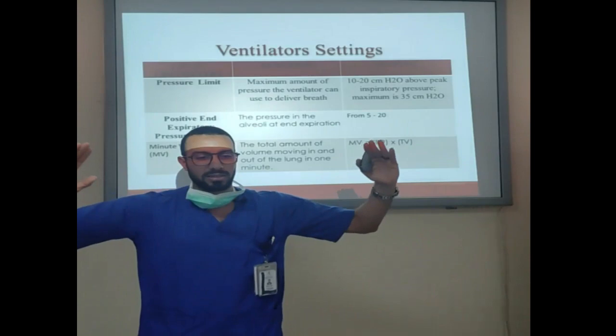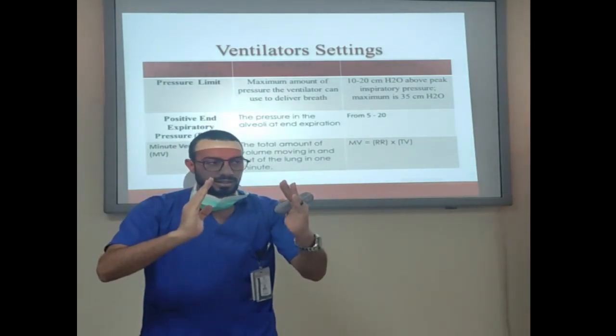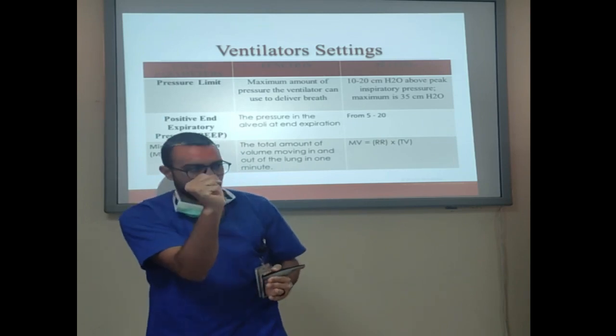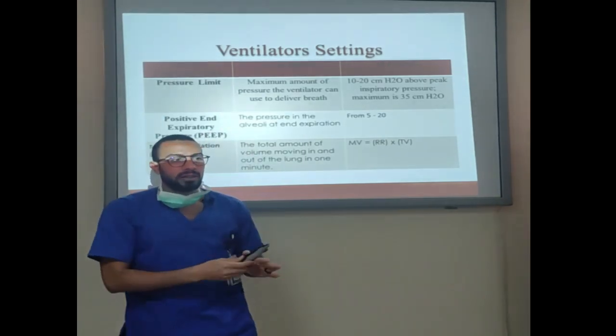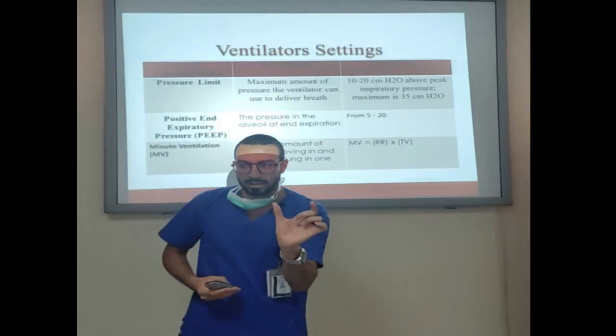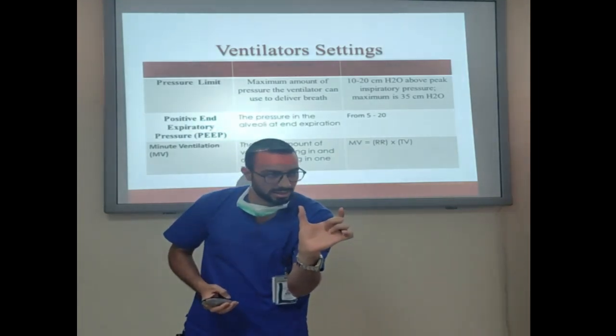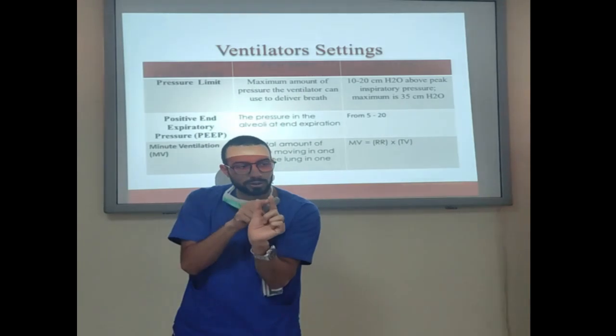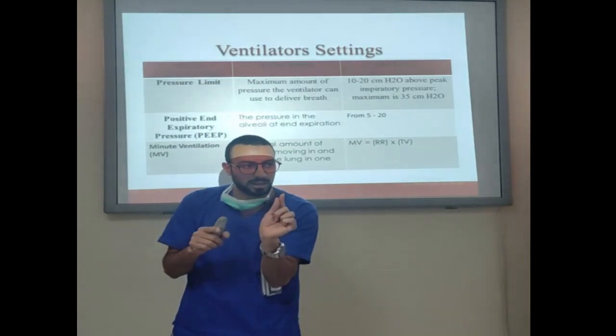Normally we breathe like this until here only, and the heart is the same. The heart is moving like this, not until the end. So it's the same. At the end, some air will stay in the lung, in the alveoli, just to give you a very small amount of pressure to prevent the lung collapse.